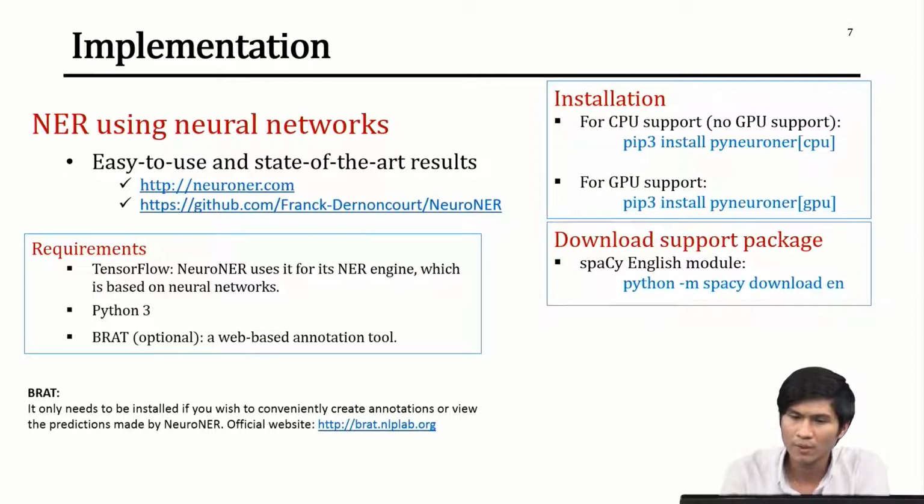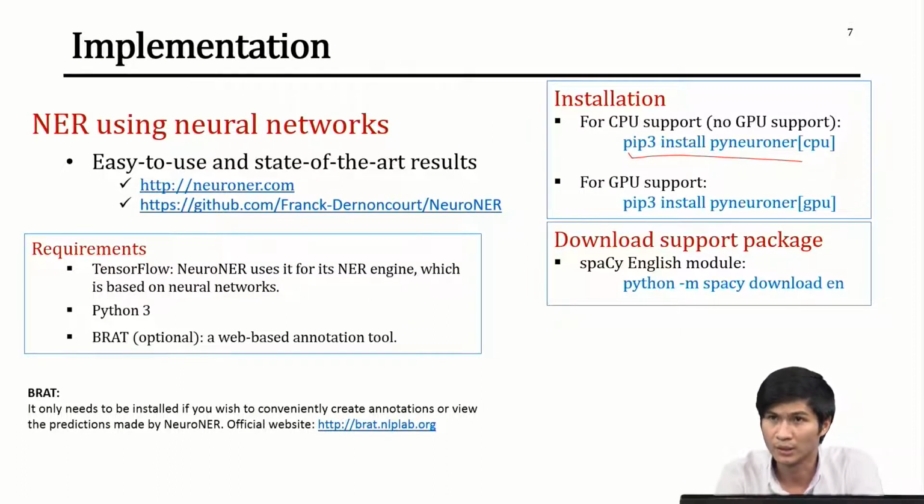So to install Neural NER with simple CPU support, we basically use pip3 install neuroner and specify cpu in the brackets. But in case we have GPU support, we can just replace cpu with gpu.